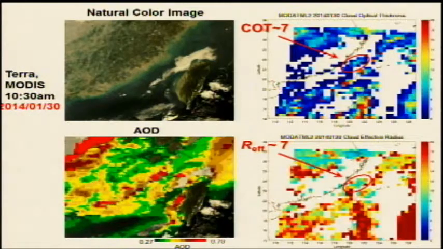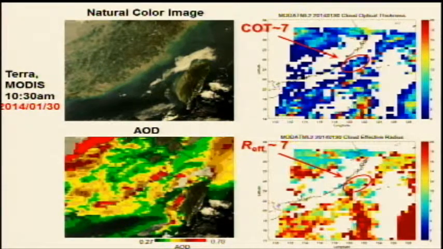Now I'll show you two examples of the application of the warm cloud part. First is a very simple cloud. It's fog, sea fog. From the satellite, you can see there's a patch of sea fog moving around the Taiwan Strait. This fog is in a probably dirty environment.